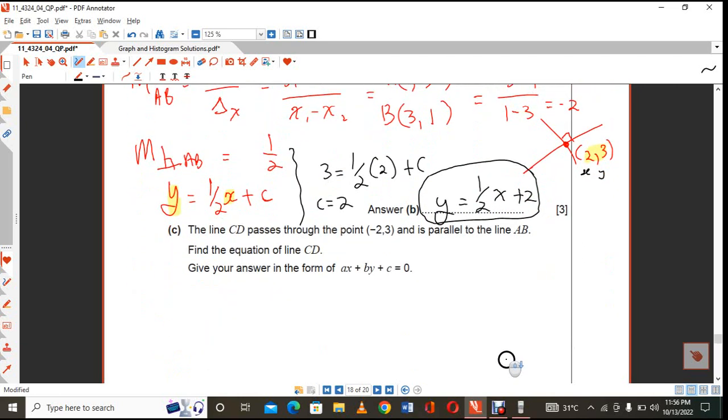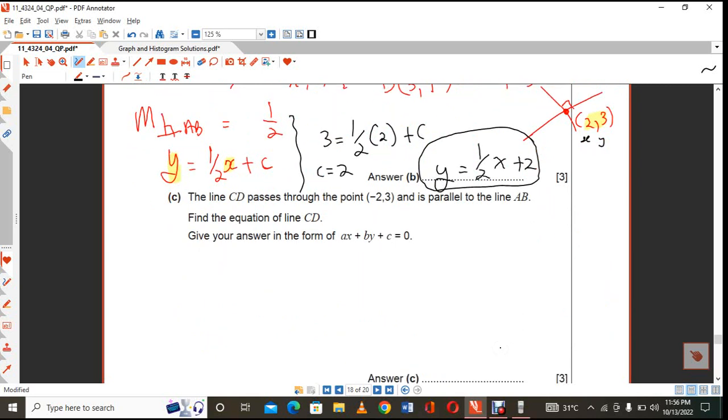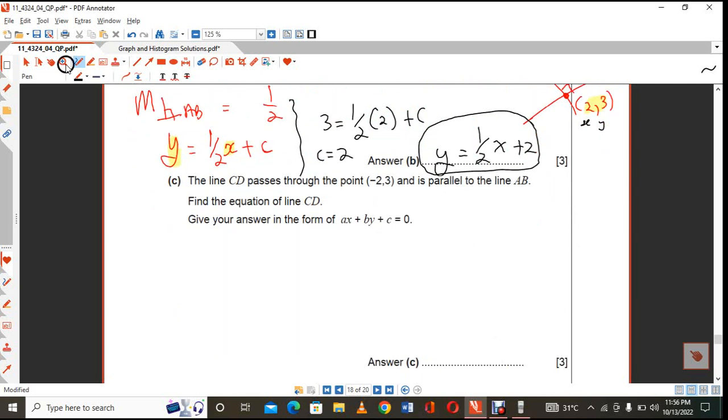Now we have another line, CD. It passes through a point, and this line CD is parallel to line AB. What can you tell me about parallel lines? They have equal gradients.